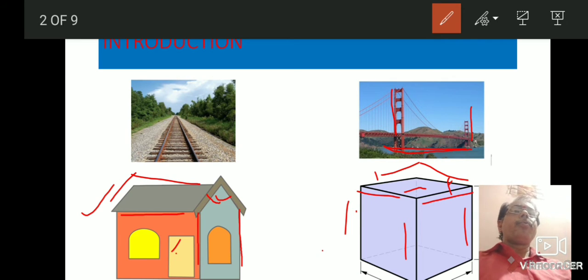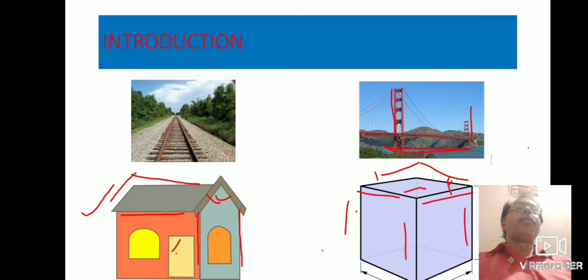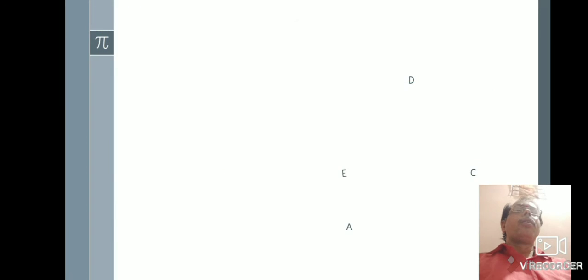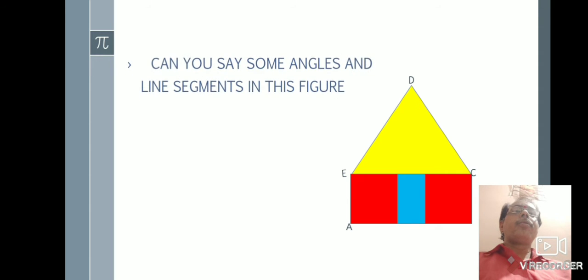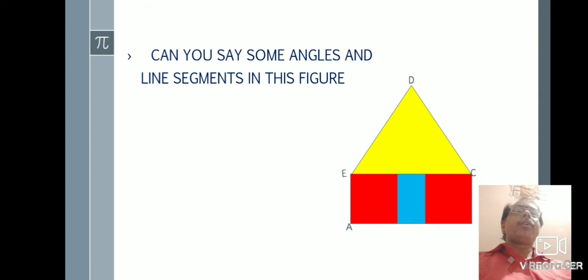Now let us see this diagram. Triangle, rectangle, one more rectangle. So see this diagram. Can you say some angles and line segments in this figure? Yes, you can say easily.